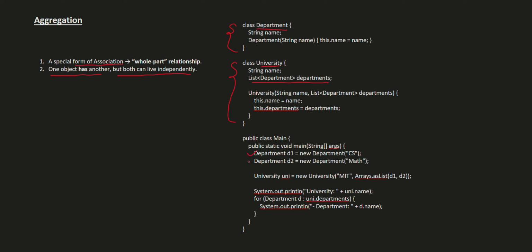We created two objects of department and added them into the university. Even though the university is destroyed, these department objects can live without the university. So this is what aggregation states: one object has another, but both can live independently. When university is destroyed, departments are not destroyed.